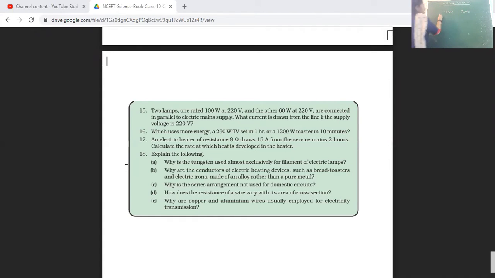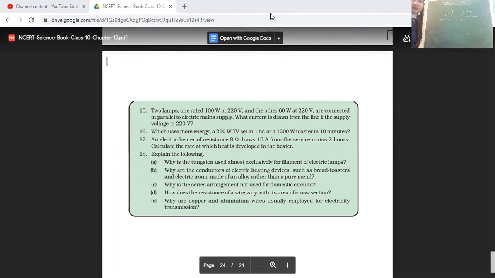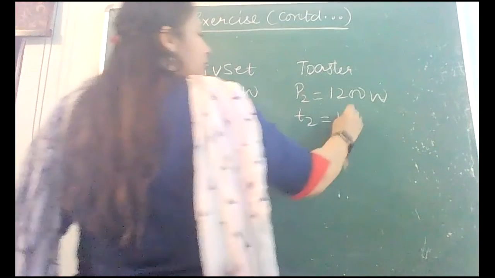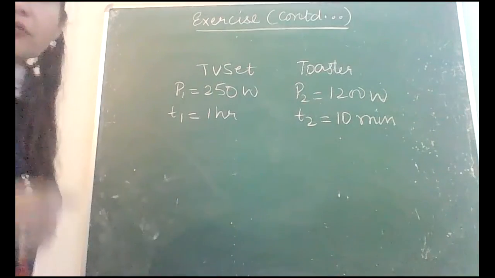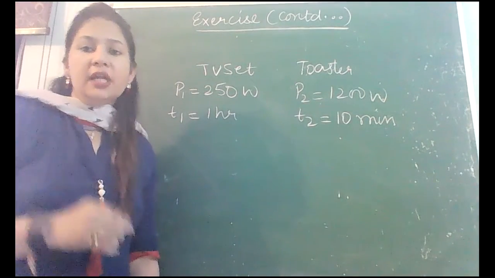Two things are given. Power of the TV set is 250 watt and it is operating for 1 hour. Power of the toaster is 1200 watt and it is being run for 10 minutes only. We have to find out which one is consuming more electrical energy.